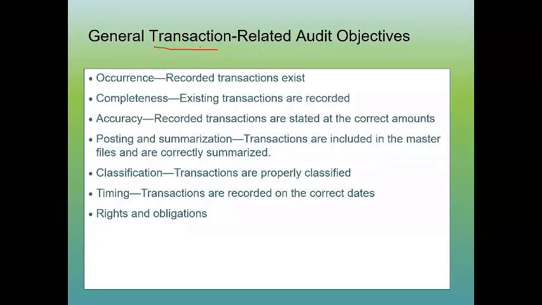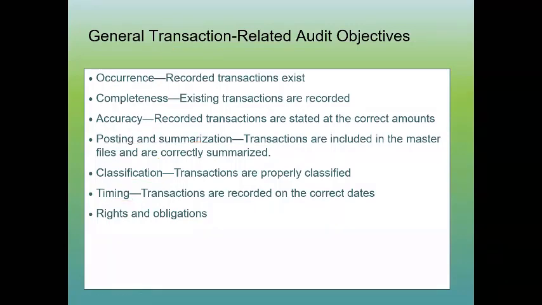Transaction related audit objective. And we have occurrence, completeness, accuracy. This one is new, which is posting and summarization, classification, timing, right, and an obligation. Those are the assertions, but from the point of view of the audit. Okay. Right. Actually, again, the same meaning will be maintained, except for specific things that we're going to discuss.